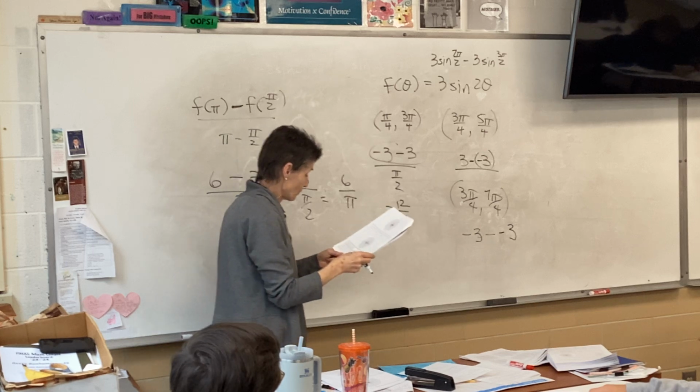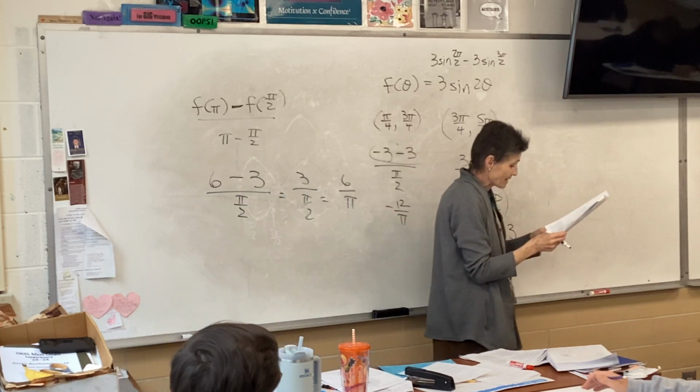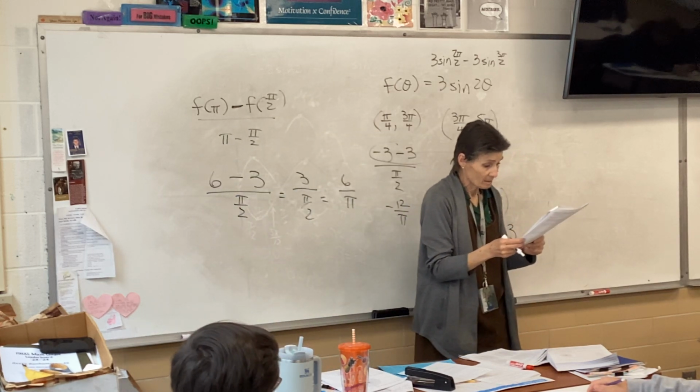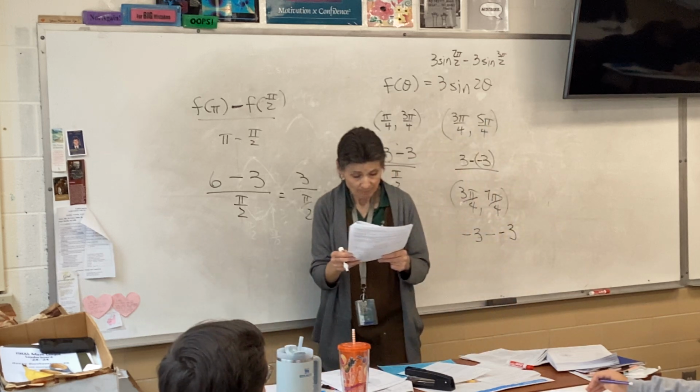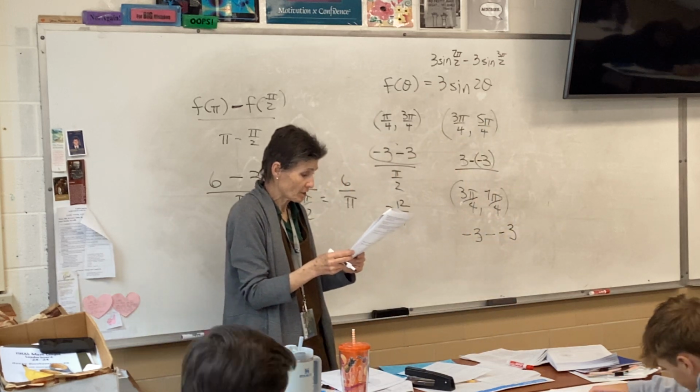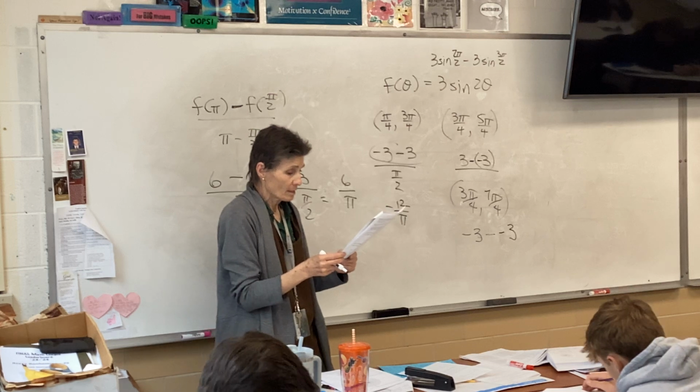All right, one more. Figure this out, see if you can do it in 5 minutes. Which of these has the smallest rate of change? The smallest rate of change, which of those intervals?